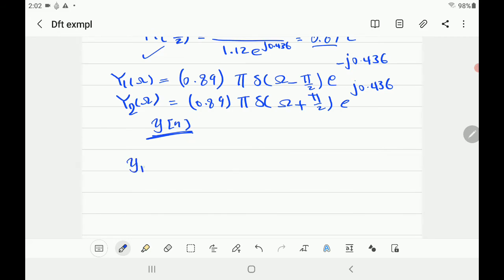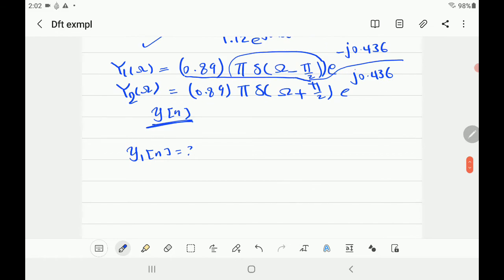So how do we convert y1 of n? You have to look at this expression and see something similar. So when I look at the table, I found something close to this one.